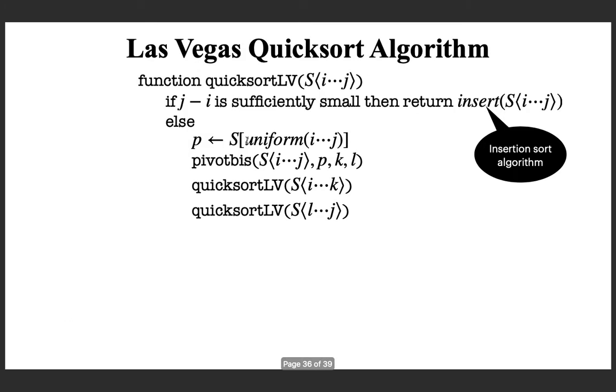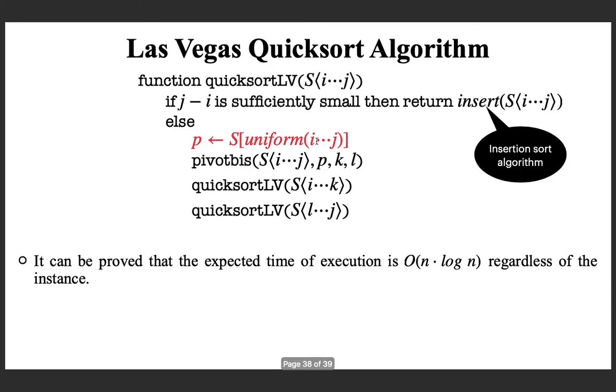So here is that procedure. The only difference is that rather than selecting a particular element from the subsequence, it first uniformly at random selects an index from i to j, a random index value, and the pivot is selected as the element at that random index. That is the only difference.